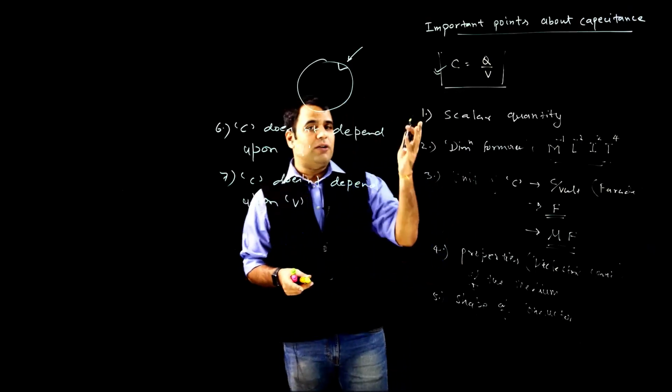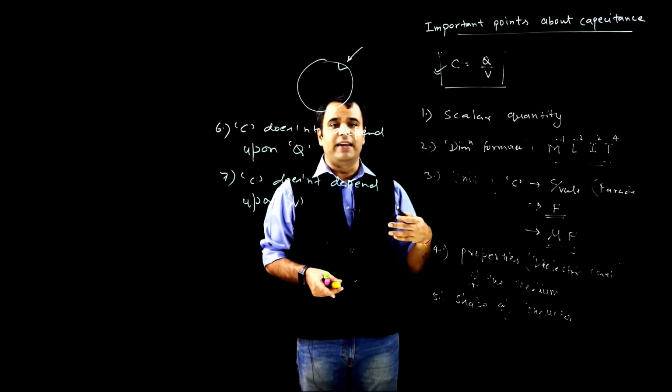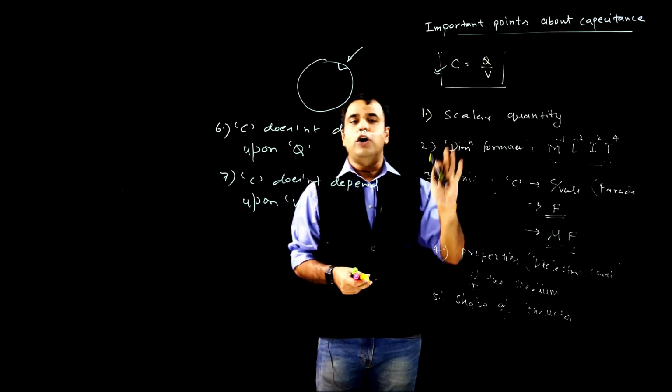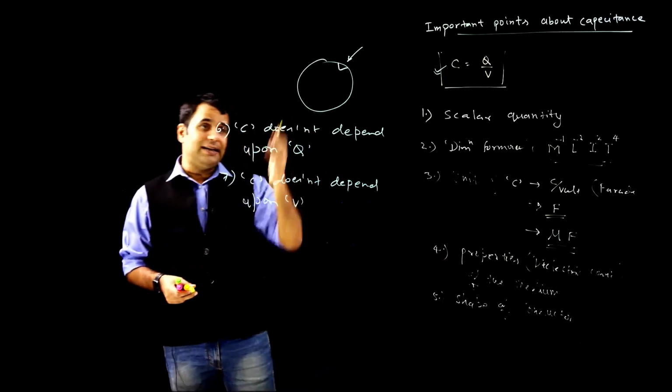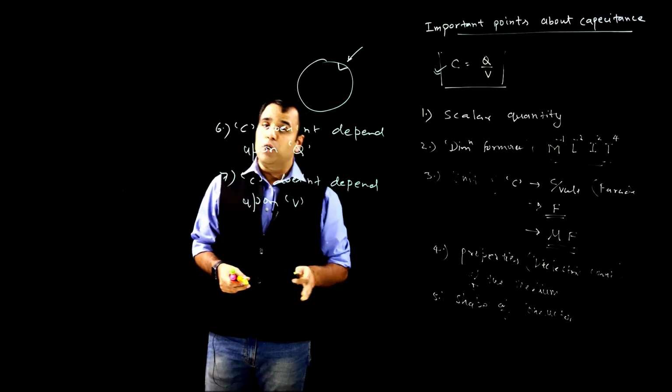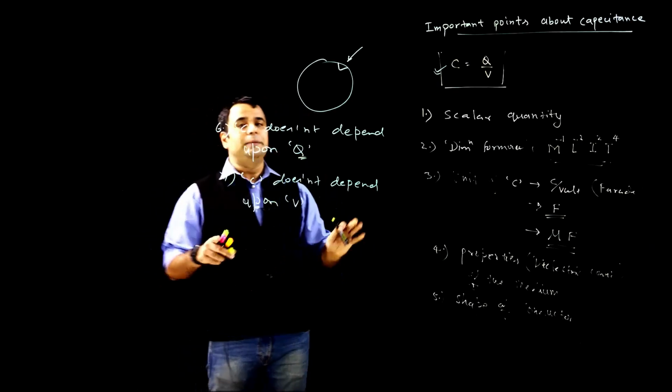When you calculate the value of V, it is proportional to Q, and when you take the ratio Q by V, they will cancel out. So this capacitance does not depend upon the amount of charge this conductor is holding, or the potential which this charge is creating. The value of C is completely independent of that.